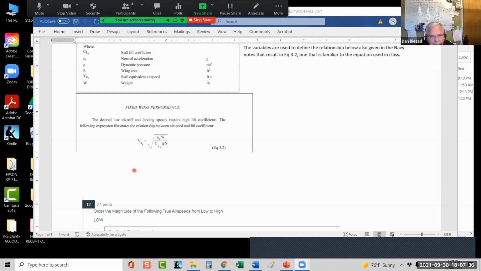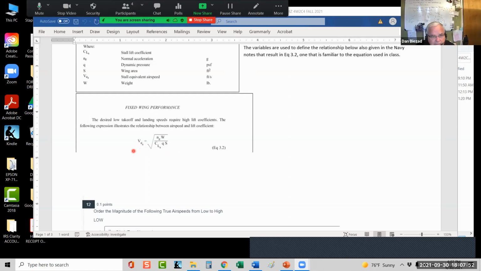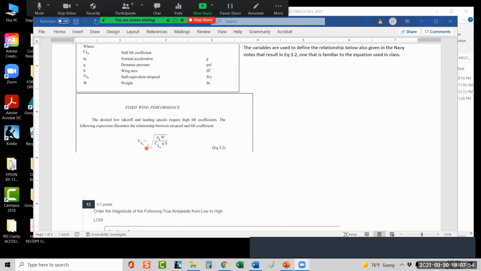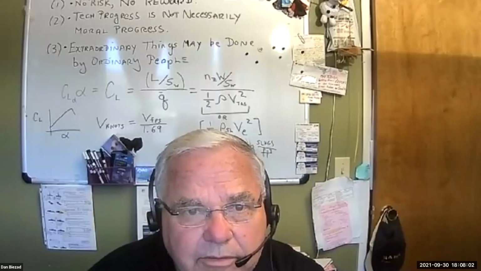Well, if you square both sides, then you'll get VE squared equals NZW over CLSQS, right? Can you say it one more time? If you square both sides, on the left-hand side, you'll get VE squared. Oh, yeah. Equals NZW over CLQS. So let me stop sharing for a second.